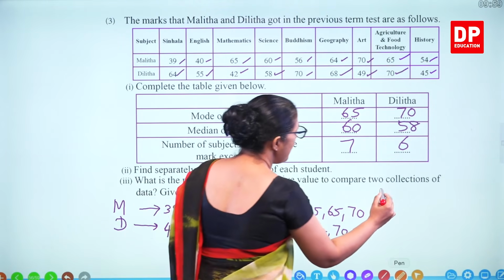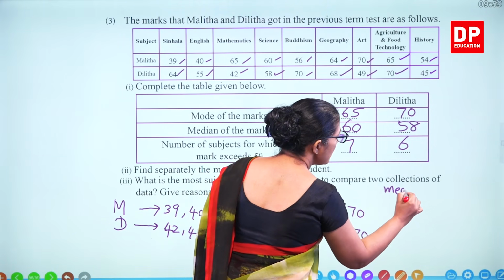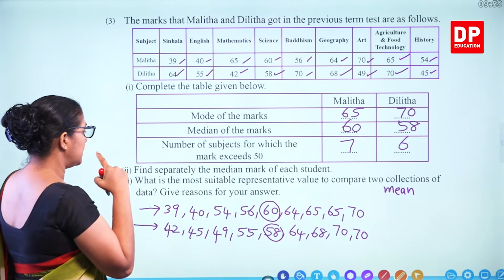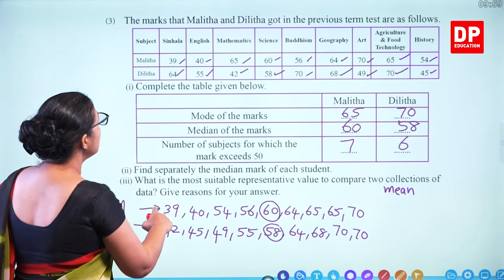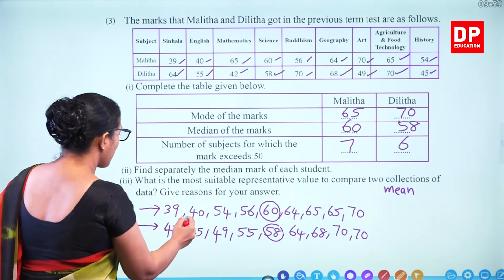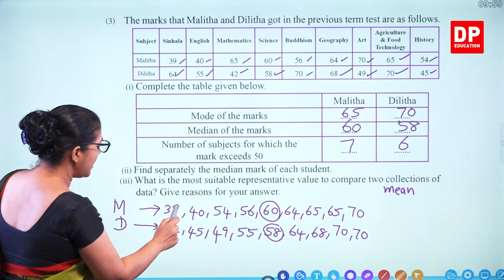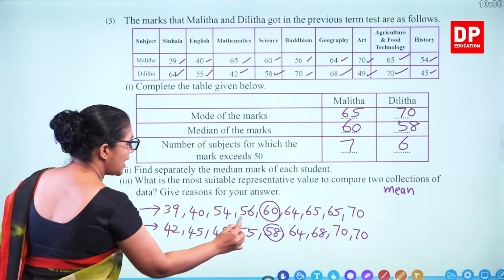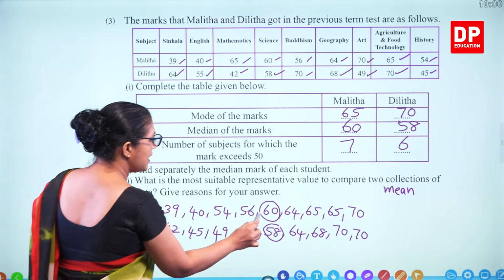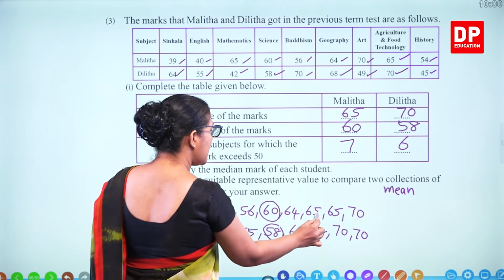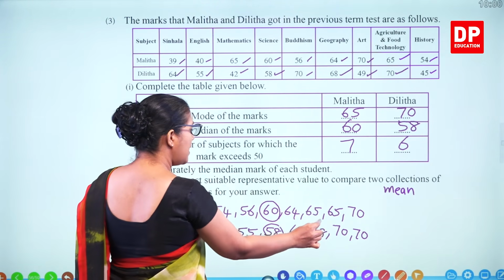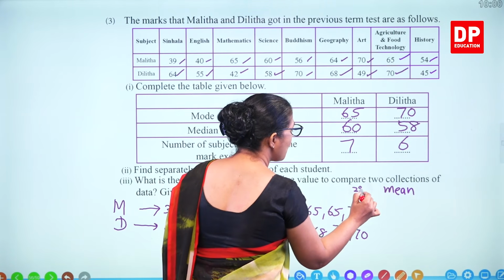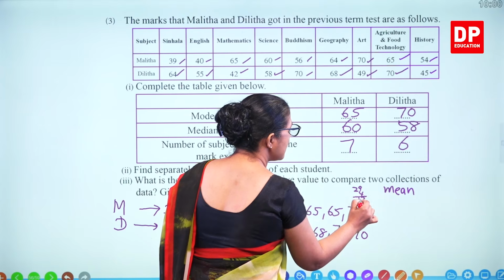So we'll find out the mean mark for both students. Mean, so we have to take the total. So here we'll add it together: 9 plus 4, 10, 10 plus 9, 19. 19 plus 10, 29. 29 plus 4, you get 33.